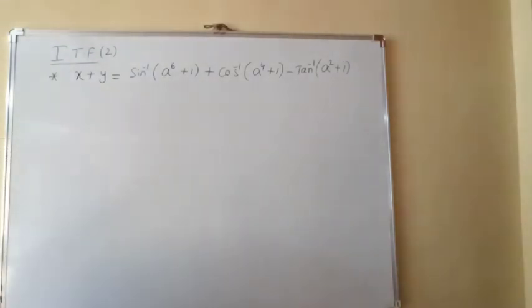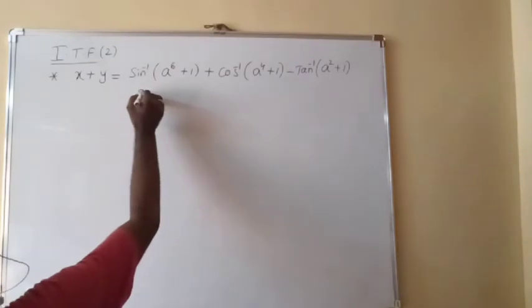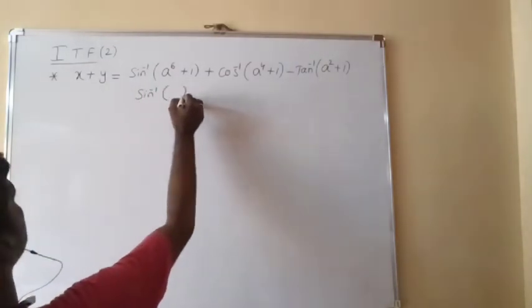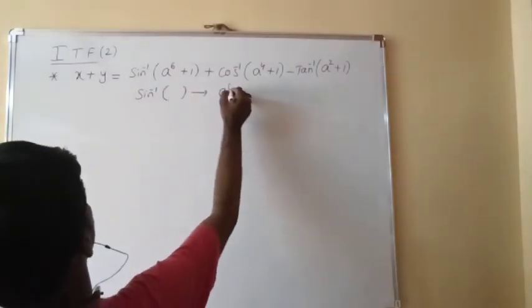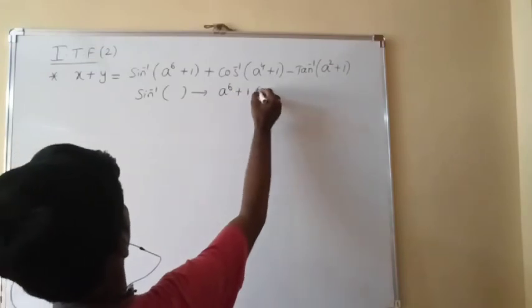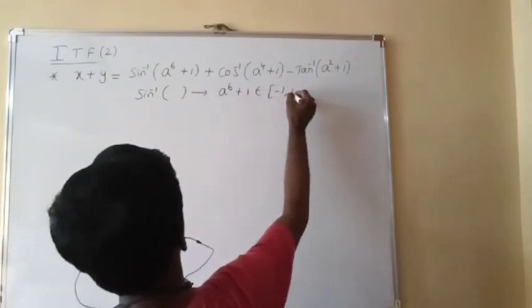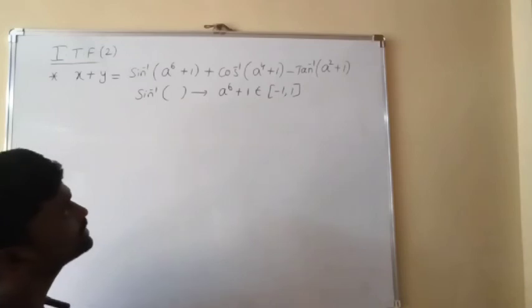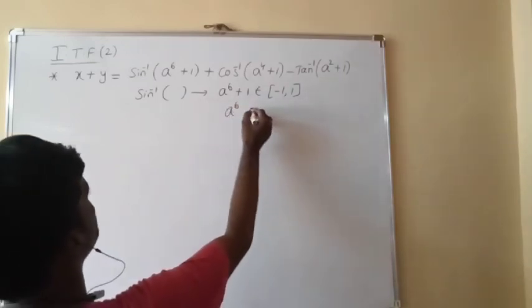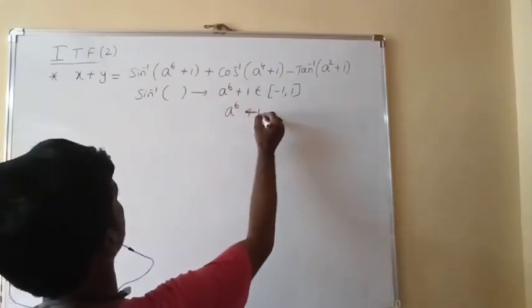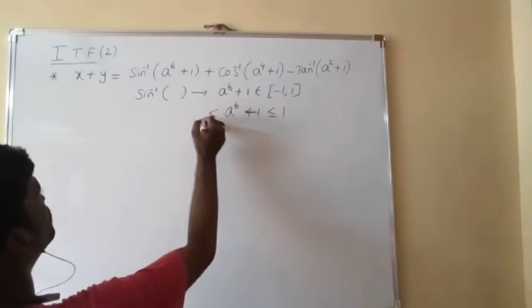So first you have to simplify this constant. That means first we need to find the a value. Clearly, sine inverse of something is defined only if that something belongs to the closed interval minus 1 to 1, less than or equal to 1 and greater than or equal to minus 1.